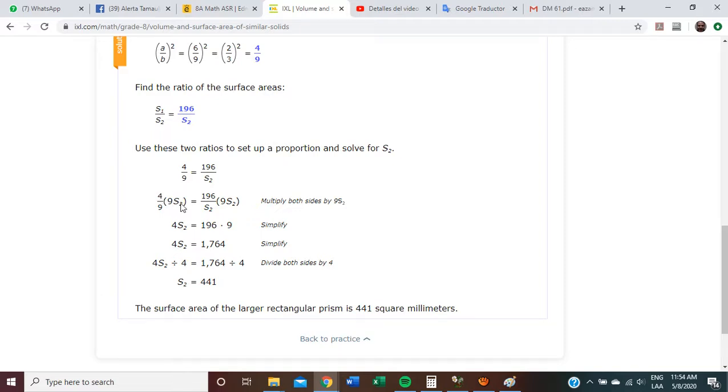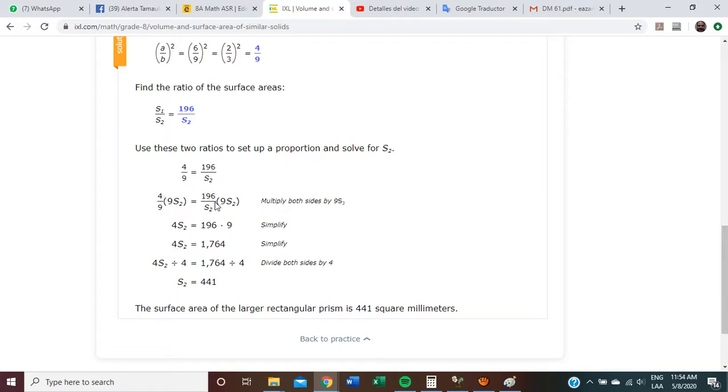We're just going to mark it right here, and we're going to multiply this again times this. So both sides of the equation are going to be multiplied by the product of these two values. Once we have that, we can eliminate the 9 in here, and we're just going to keep the number 4.